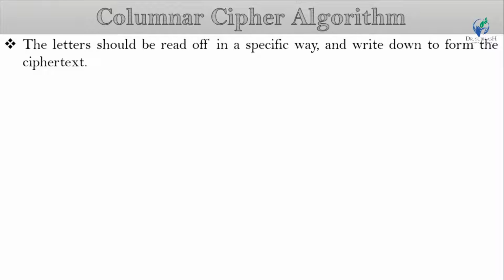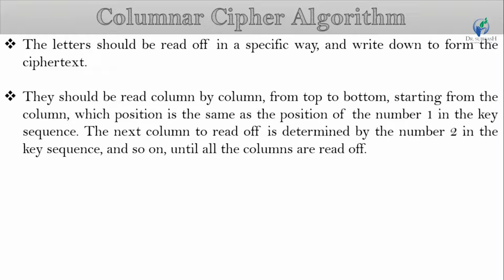Now, the next part is the letters should be read off in a specific way and written down to form the cipher text. The order of reading the letters is determined by the sequence of numbers produced from the keyword. They should be read column by column from top to bottom, starting from the column whose position is the same as the position of the number 1 in the key sequence.